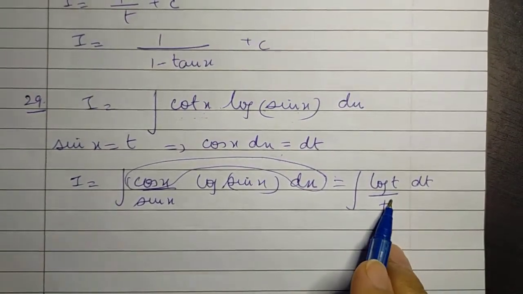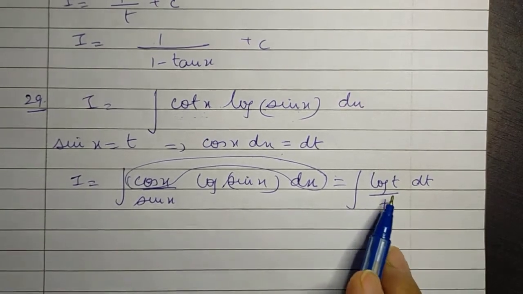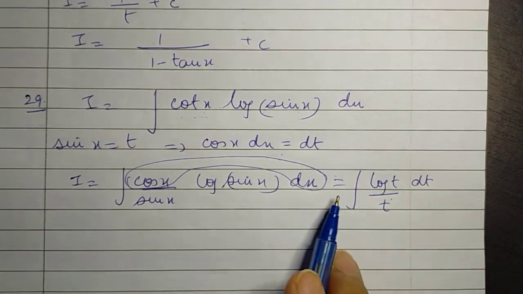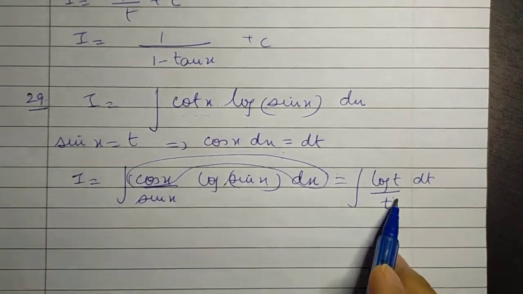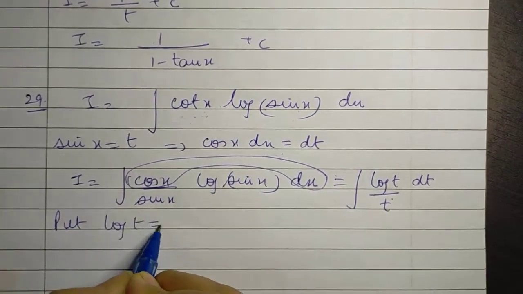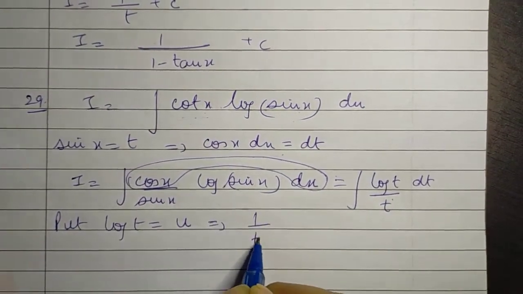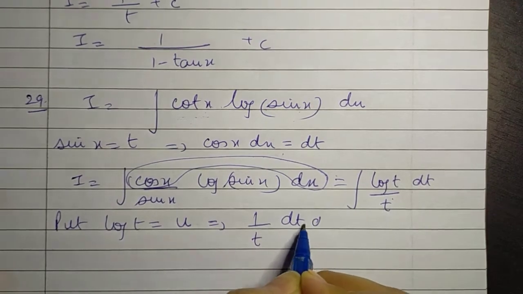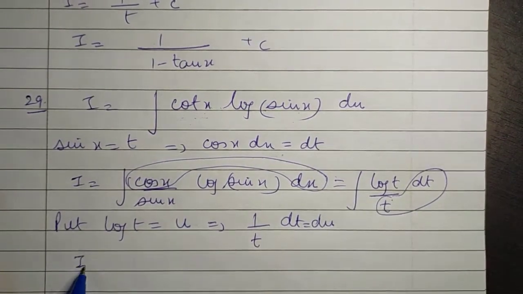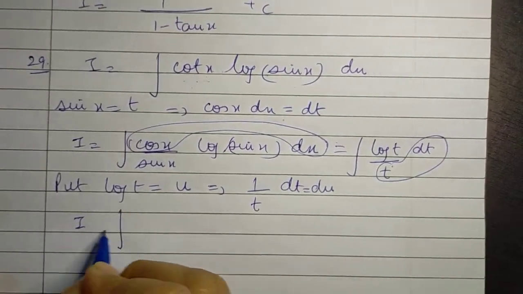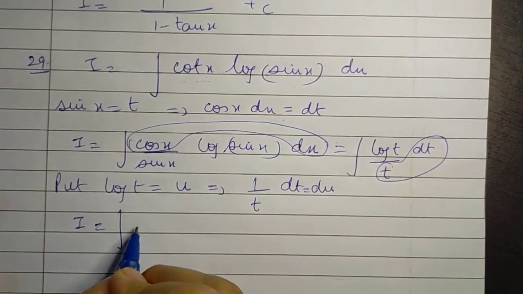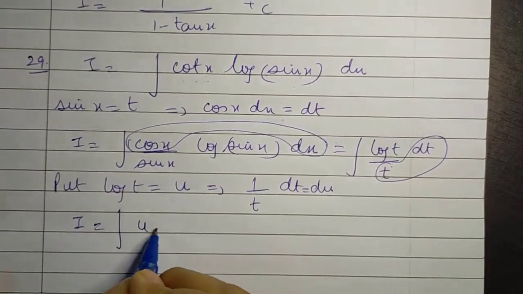Now this again becomes a function where you have to apply the substitution again. So what do we get? Now put log t as u, which gives us 1 upon t dt as du. So this gets absorbed, and so we get I is equal to integral of u du.